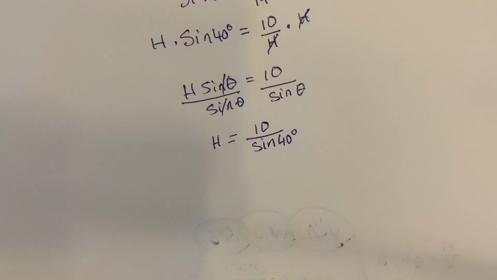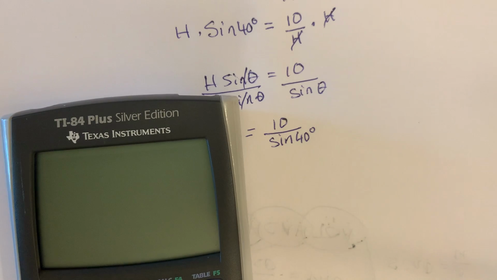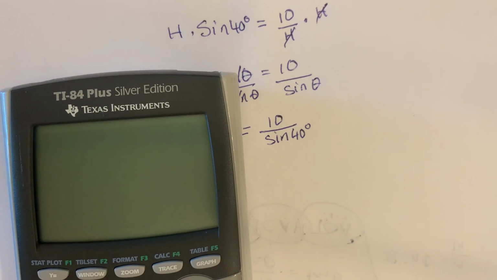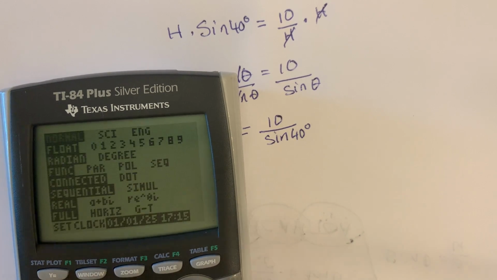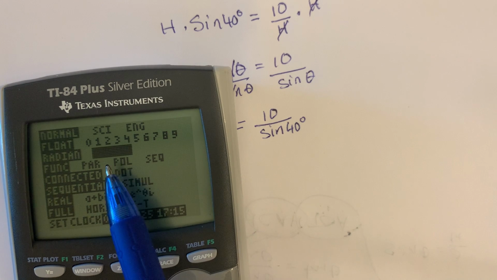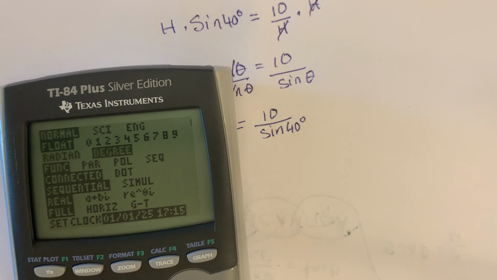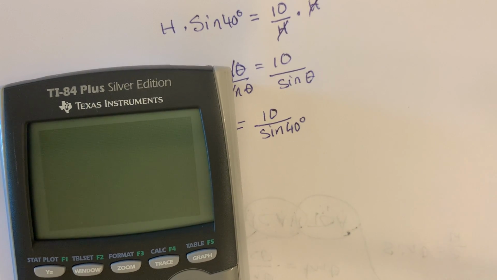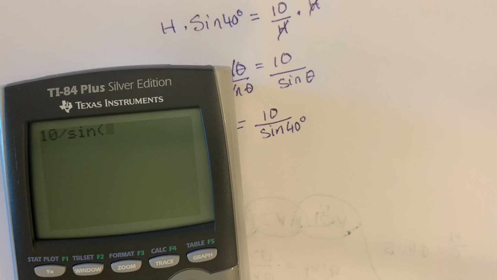Okay, and so I pull out my handy calculator. It's important to make sure that you're in degrees. So click on mode, I'm not on degrees, so come over here. Hit enter, so now I'm in degrees. And then I do 10 divided by sine of 40.